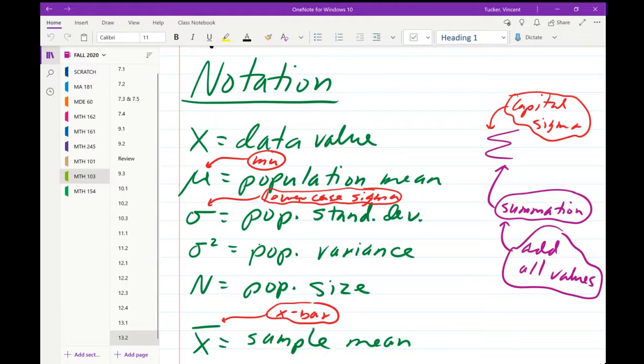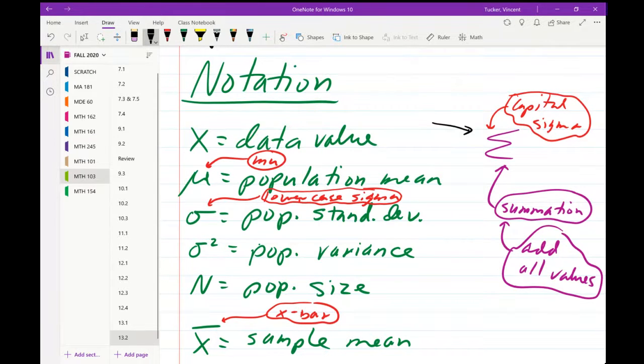So don't forget your variance is your standard deviation squared. Then capital N is your population size. So capital sigma over here, which some of you may have seen before, the sigmas. But capital sigma means summation, or adding all your data values.